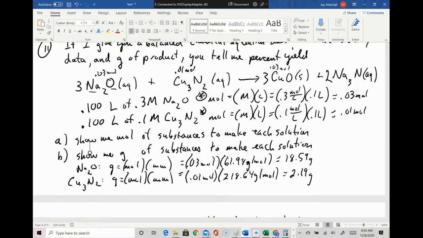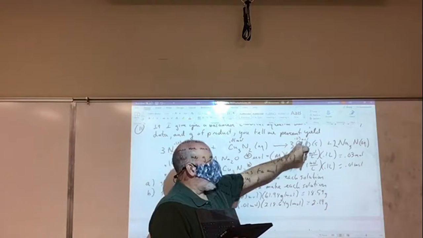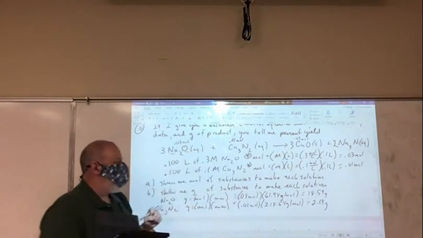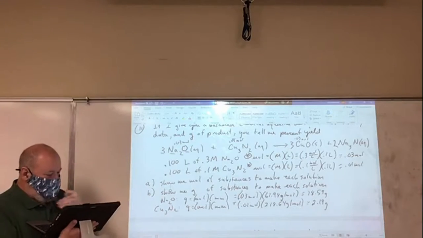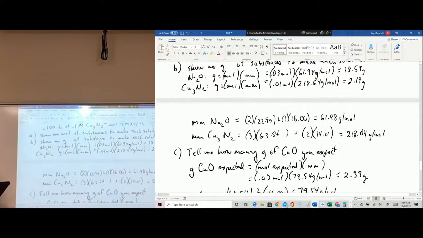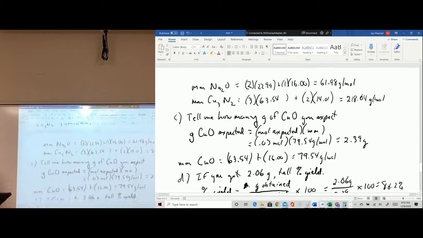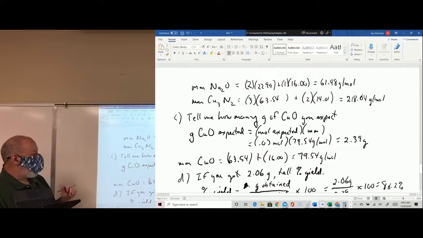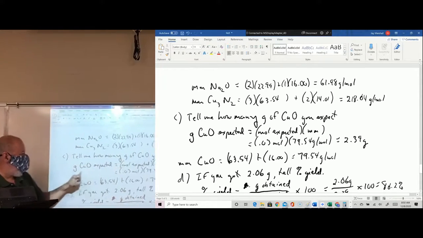But that's not the number of grams, is it? It's the number of moles you expect. So what we did in our lab when we wanted to figure out how many grams we expected, we just added the word expected to our formula.